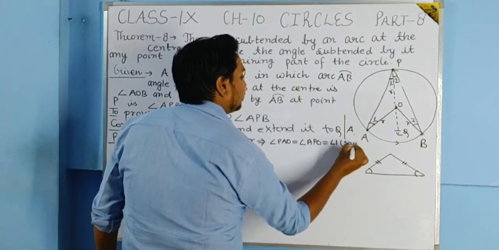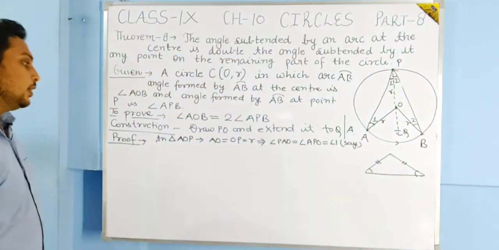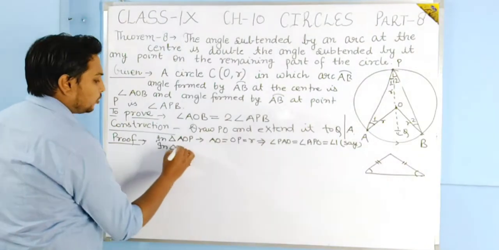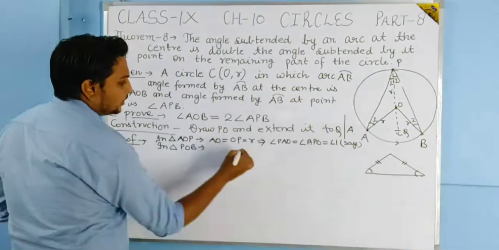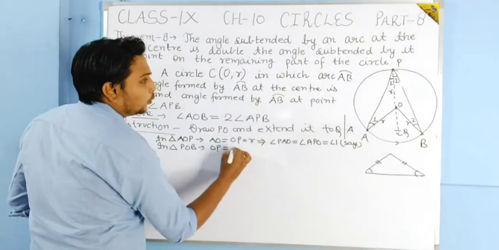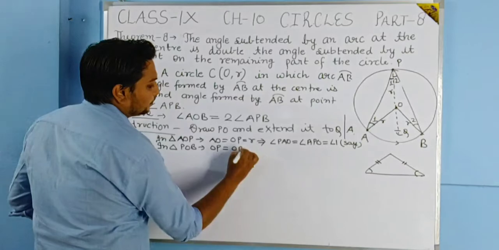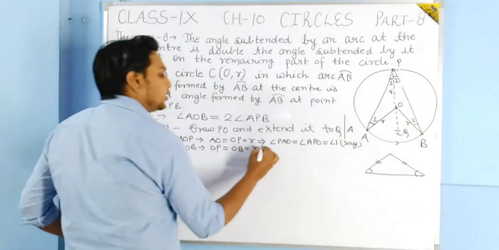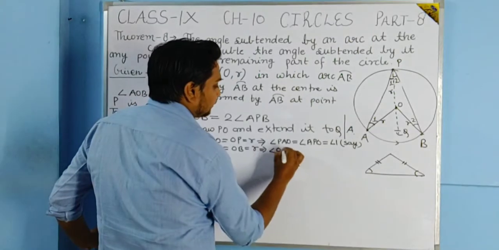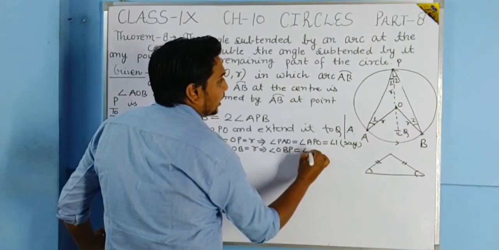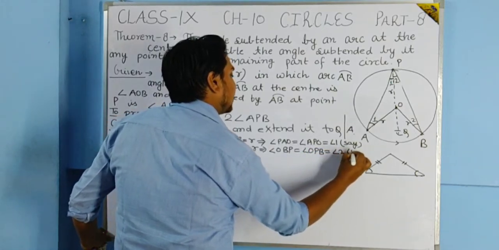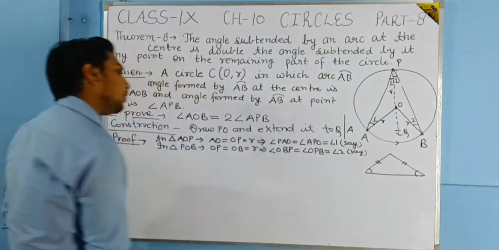In triangle POB, in the same manner, OP is equal to OB, and they are equal to each other. So angle OBP is equal to angle OPB, and say it is angle 2.